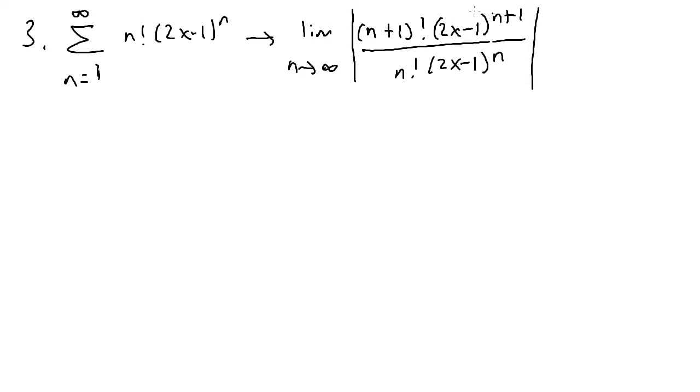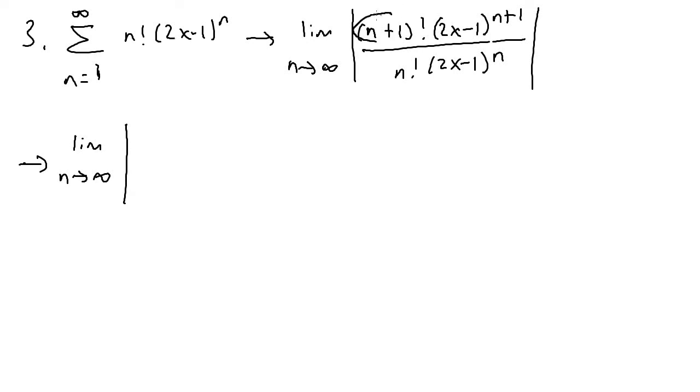So here I can basically just expand a bunch of these exponents. I'll expand the n plus 1, and I'll also expand the factorial, so that I can simplify and cancel out some of these terms. So the limit as n approaches infinity.